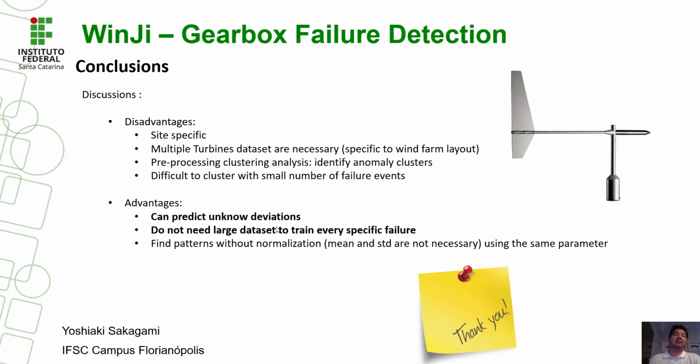Usually, some algorithms try to train on failures that were reported before, so they are just trained on those failures. That's the difference here. You don't need to find and train every failure pattern. Anything different from normal is detected.